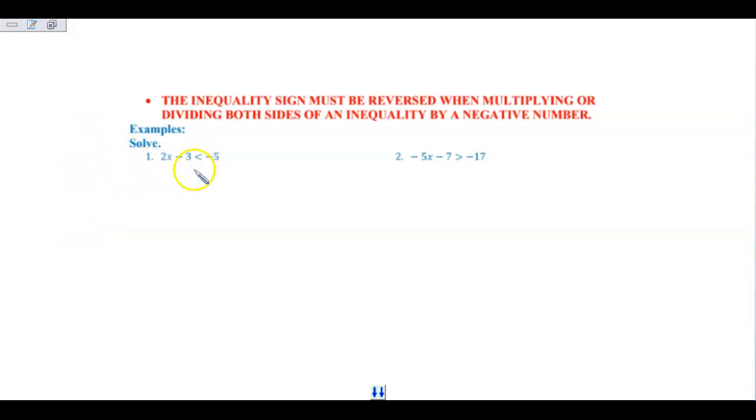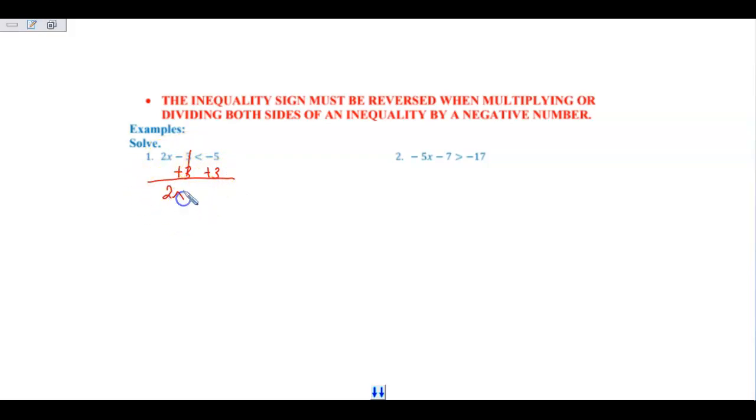Following the reverse rules of order of operations, I need to add or subtract first, and I see that I have minus 3. So I'm going to add 3 to both sides to get rid of that 3. This is also called moving the 3 across.